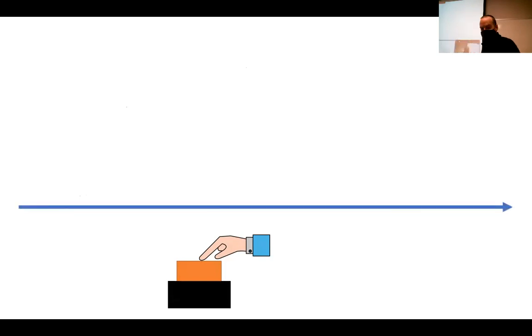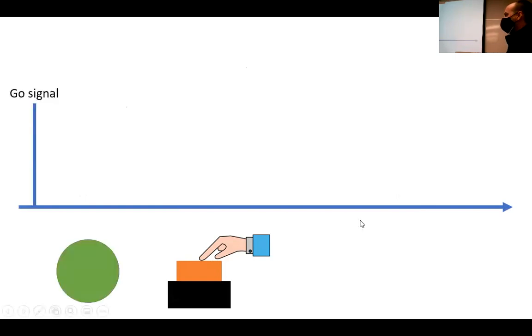So if we think about reaction time, here we're really trying to zoom in on pressing the button, maybe not properly to scale. What happens in this task, we think about time along the x-axis here. We get a go signal, so maybe it's a visual stimulus.